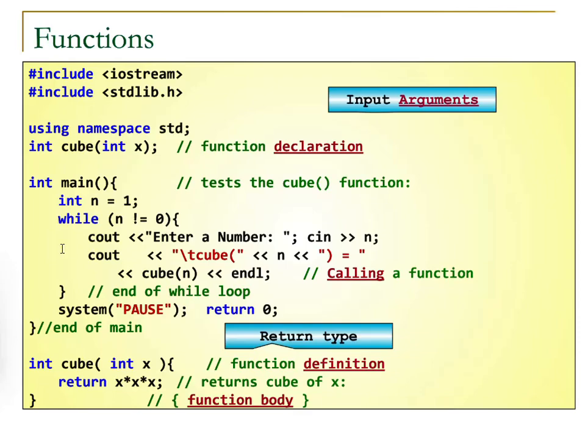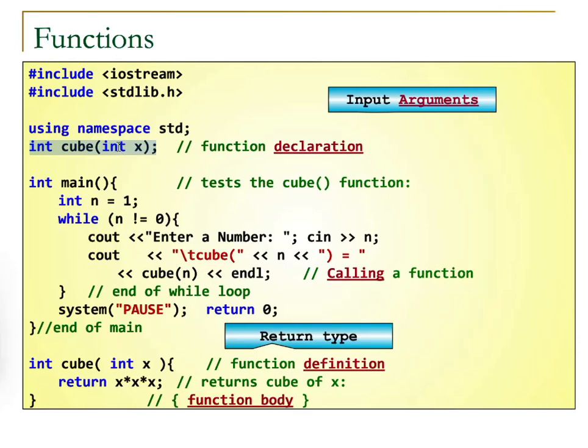One important thing is that the function needs to be declared before the main function. If you don't declare the function first, then the main function will not be able to run because it doesn't know what the cube function means.